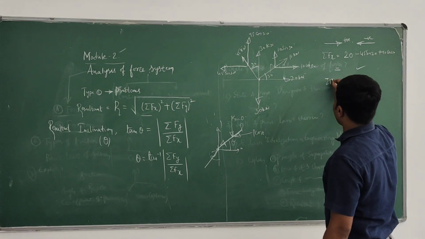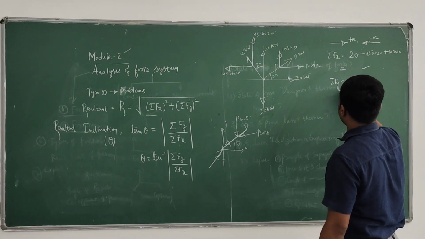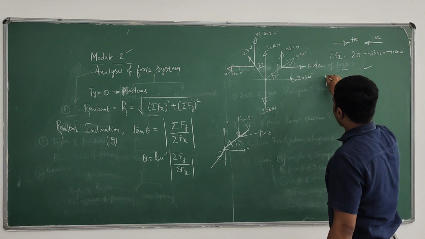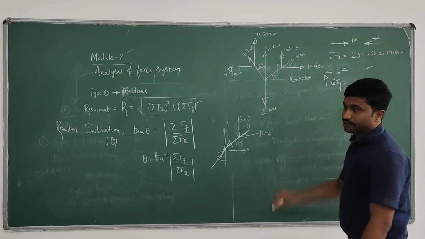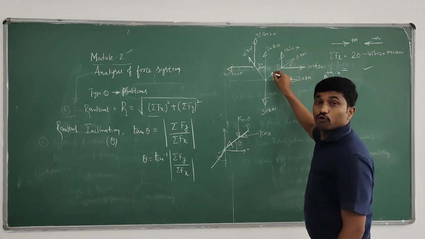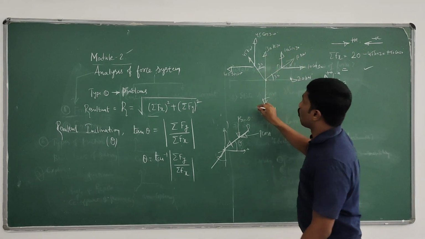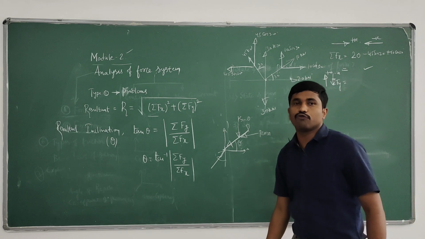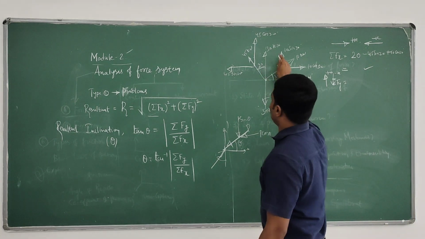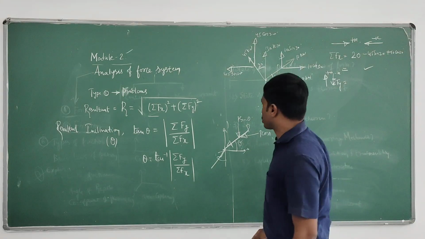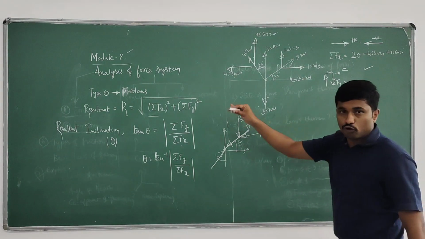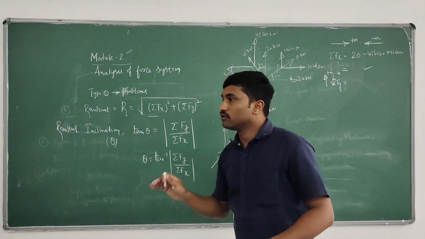Similarly, take sigma Fy. For this, the sign convention is all upward forces are positive, downward forces are negative. Here, how many vertical forces? 1, 2, 3, 4. Out of 4 vertical forces, 3 forces are acting in the upward direction, 1 force is acting downward. Therefore, upward force sign convention is positive.